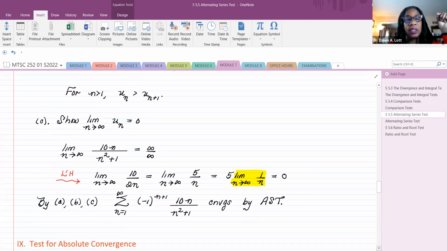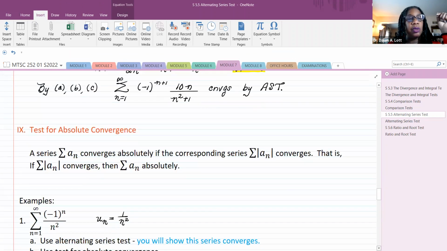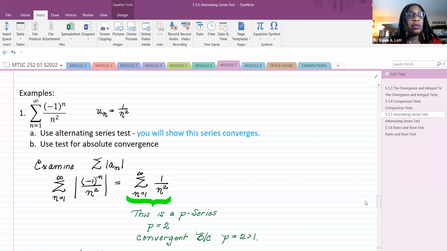So the next thing after we did that, we looked at the test for absolute convergence. For the test for absolute convergence, we basically said, if you look at the sum of the absolute value of the terms, if that series converges, then the original series converges absolutely. And so the example that we looked at was this series, -1 to the n over n plus 1 squared.